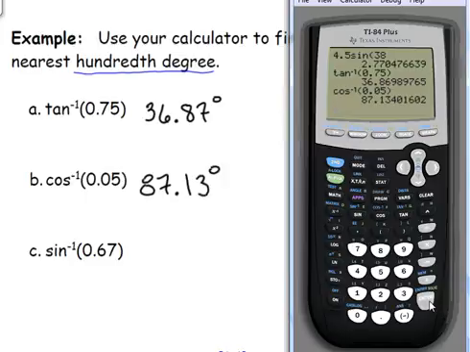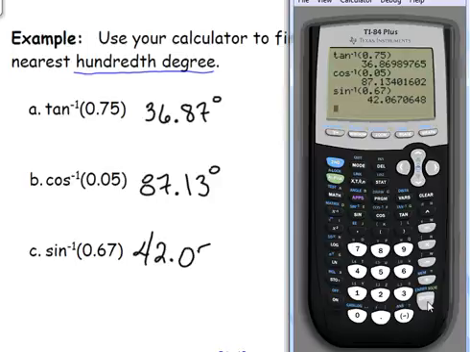And the last one is right here, says the inverse sine of 0.67. So second sine, that's our inverse sine, 0.67. Close and press enter. This one's going to be 42.07 degrees.